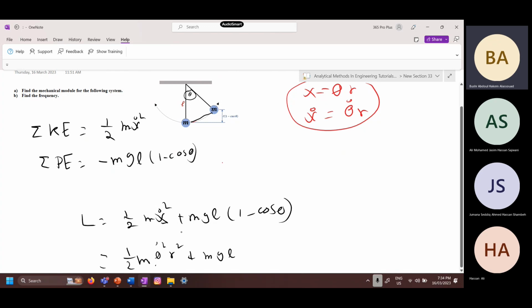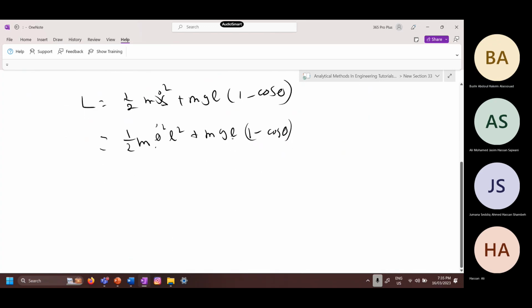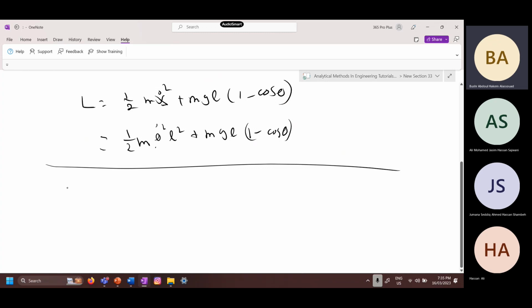mgl. See, I made a tiny mistake here where I chose r. It's actually l squared. In our case, it's l, just l. So it's half m theta dot squared l squared plus mgl (1 minus cosine theta). Now find the Lagrangian.